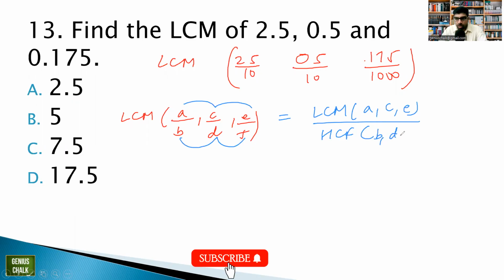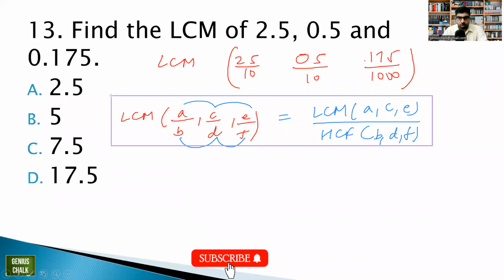Please remember this. Whatever you want to find must be applied to the numerator. This is the formula to find the LCM of fractions.